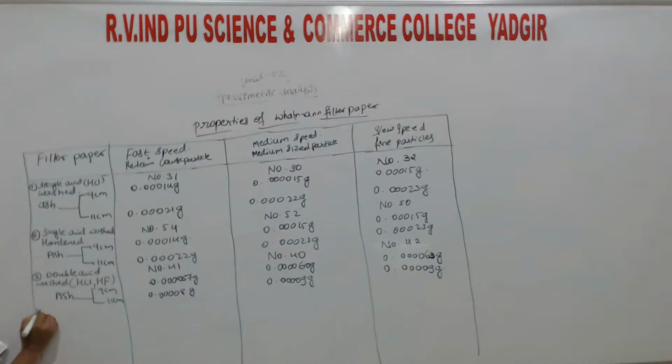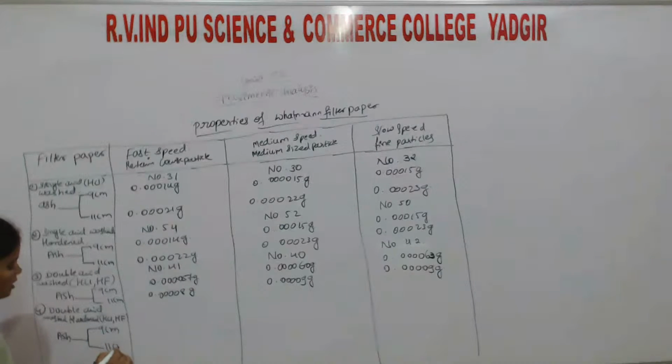And the last one, the fourth, is double acid wash hardened, with HCl and HF, for 9 centimeter and 11 centimeter sizes.